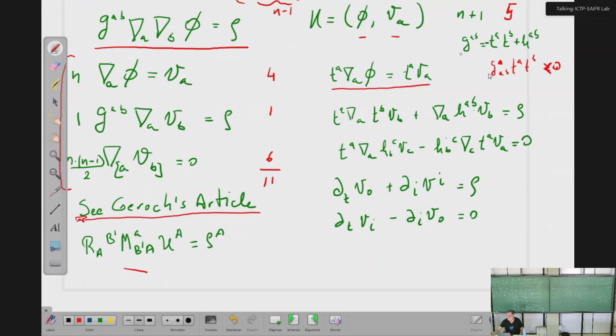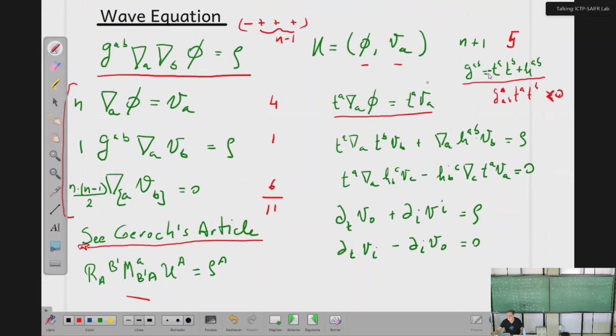So using that, you can write the metric as minus t_a t_b plus h_ab. h is just the part of the metric with the plus, the Euclidean metric, if you think. So you put this in the equation and you write it like that. And then out of this you put t here. If you put t here, because of the antisymmetry, you cannot have anything in the direction of t here, so these will be space indices.